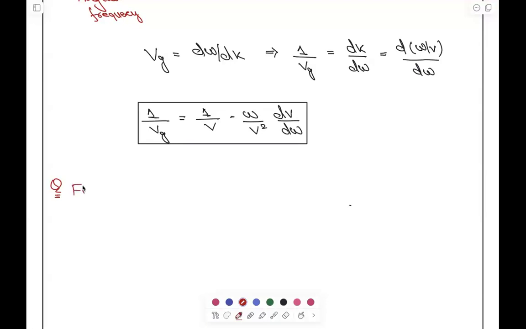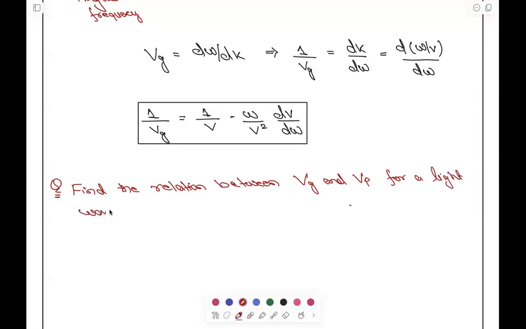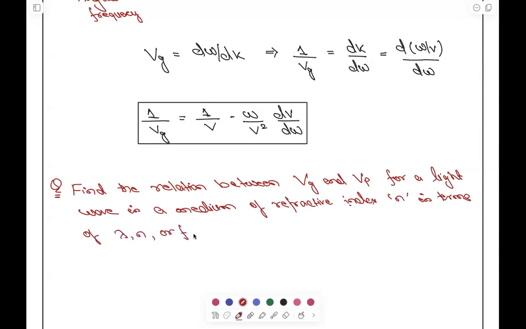Find the relation between Vg and Vp for a light wave in a medium of refractive index n, in terms of lambda, n and f, ठीक है?